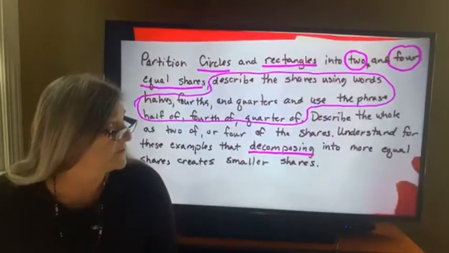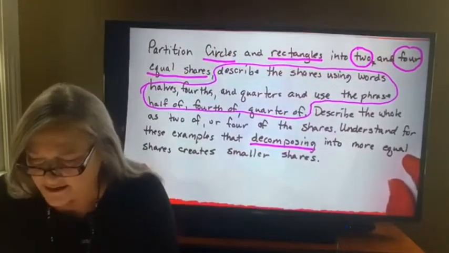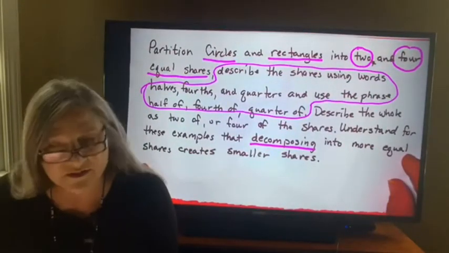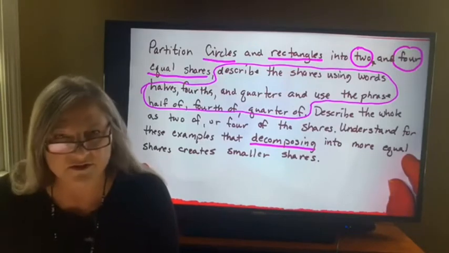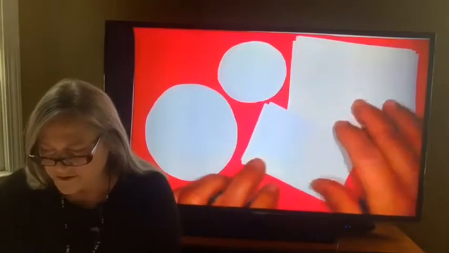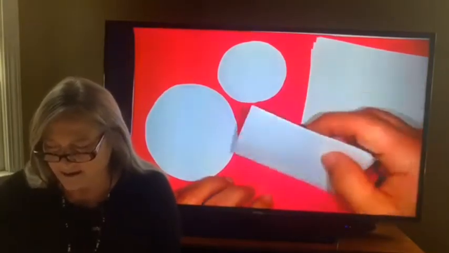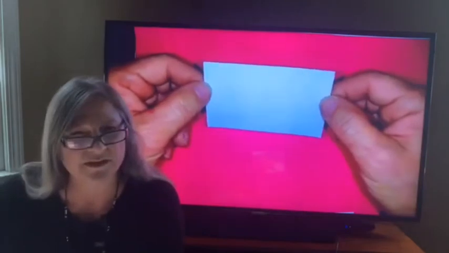Remember, the first piece of the standard says that we want to partition circles and rectangles into 2 and 4 equal shares. So the first question could be, how can I take this rectangle? I'm going to use this one first. This is a question to your student, your child. How can I take this rectangle and make 2 equal shares?